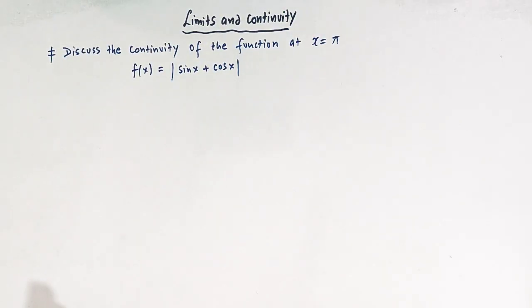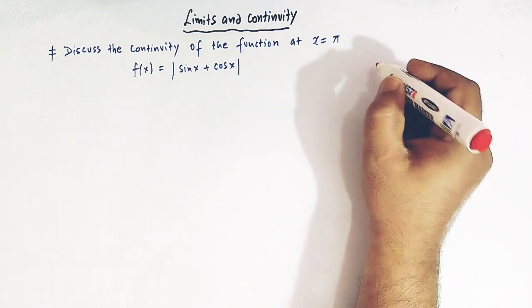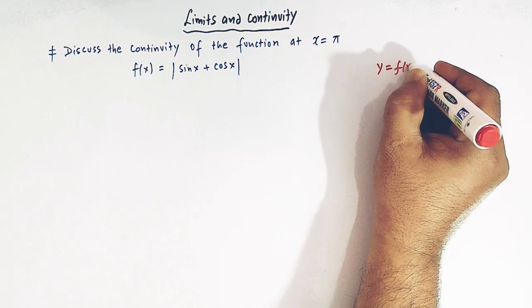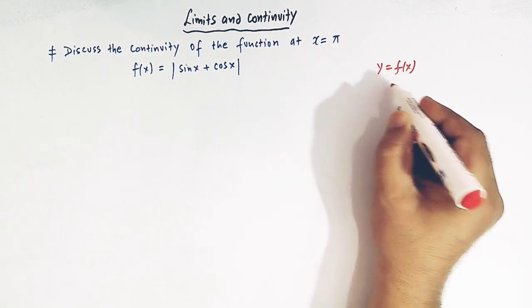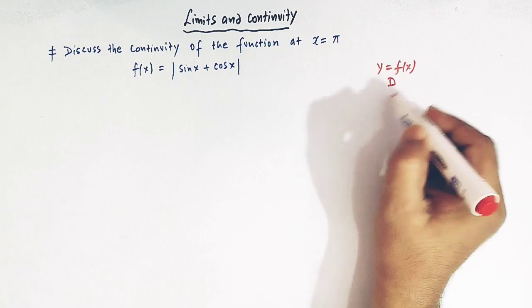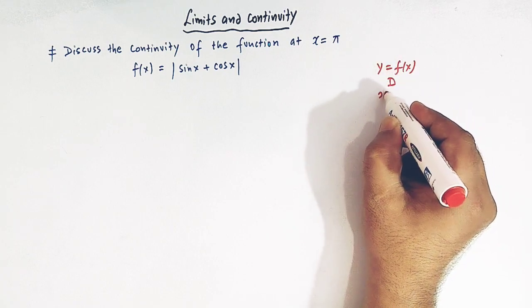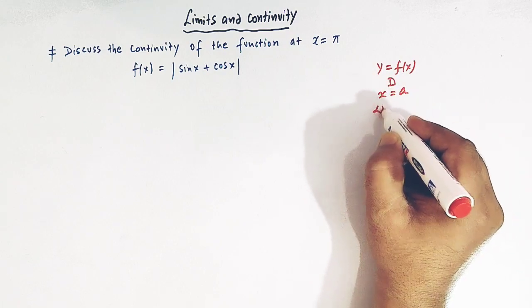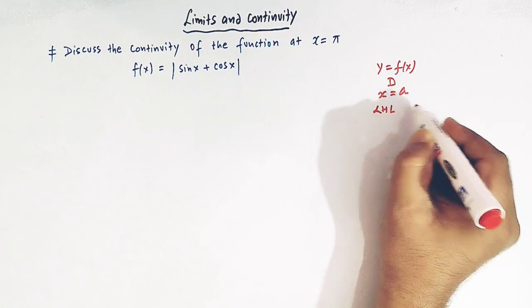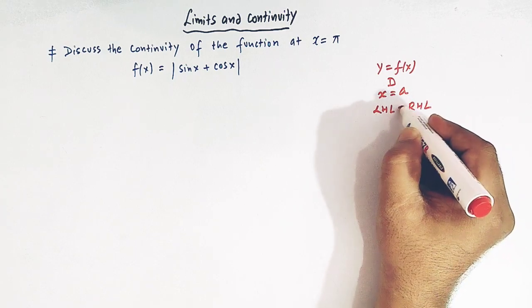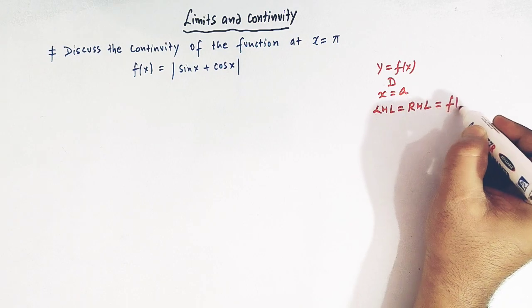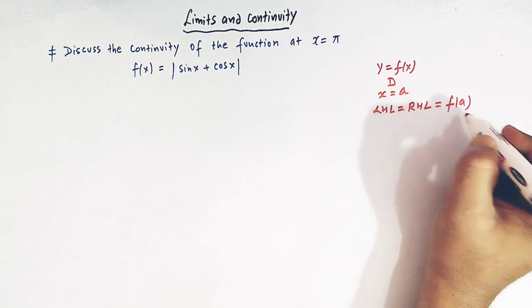Now see, from the definition of continuity of a function, we know that if we are given a function, say y is equal to f of x, which is defined in some domain D, then this function is said to be continuous at some point a if the left hand limit exists and the right hand limit exists and both the limits are equal, along with the value of the function at that point.